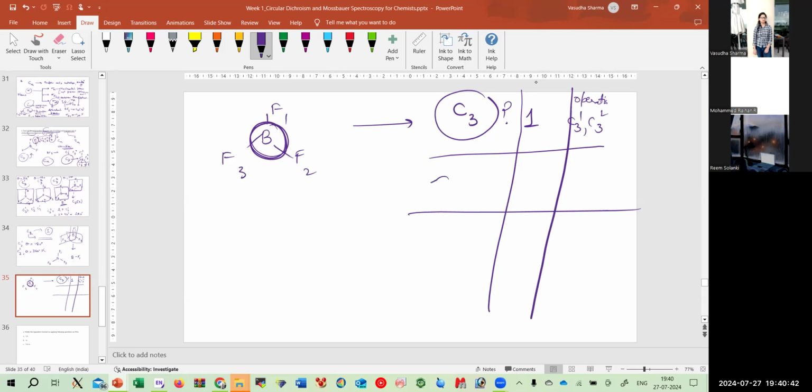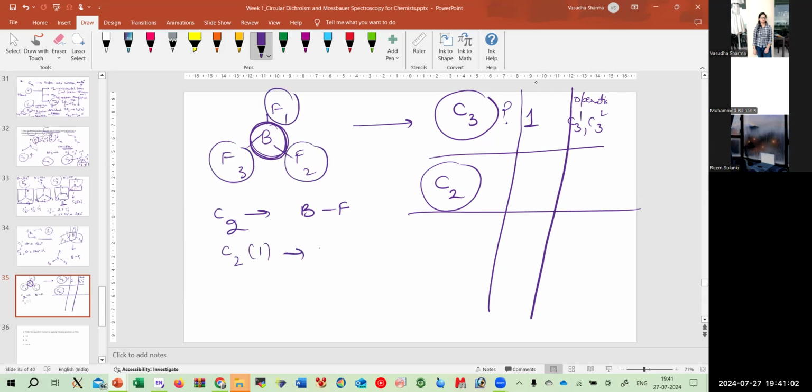Now talk about C2, because we need to find all the elements. How many C2s are present in your molecule? Three C2s. And all the C2s are along the B and F bonds. Since we have three different fluorines, one C2 would be along BF1, another along BF2, and the third along BF3. So we have three in number, but how many operations can each give? Only one. Now tell me the total number of proper axis of rotation operations possible in your system.